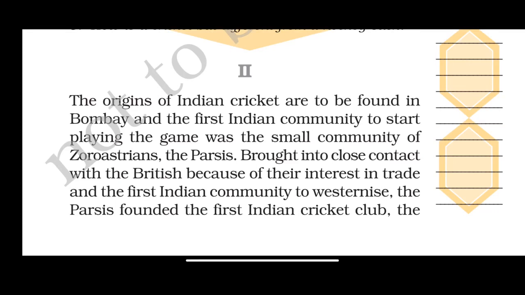Just because they were traders, and they were doing trade with the British people, the English people. And in that they learned cricket. Also they were the first community to westernize, meaning they became a little more modern, a little more standard-wise. Westernize means they made themselves a little more modern.